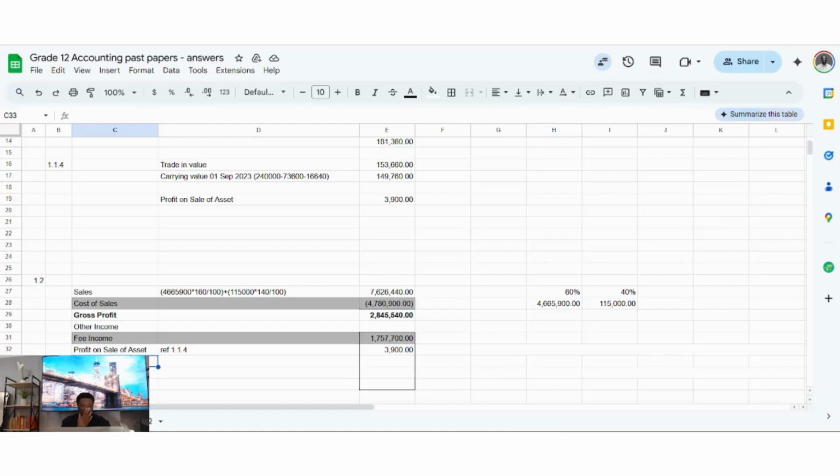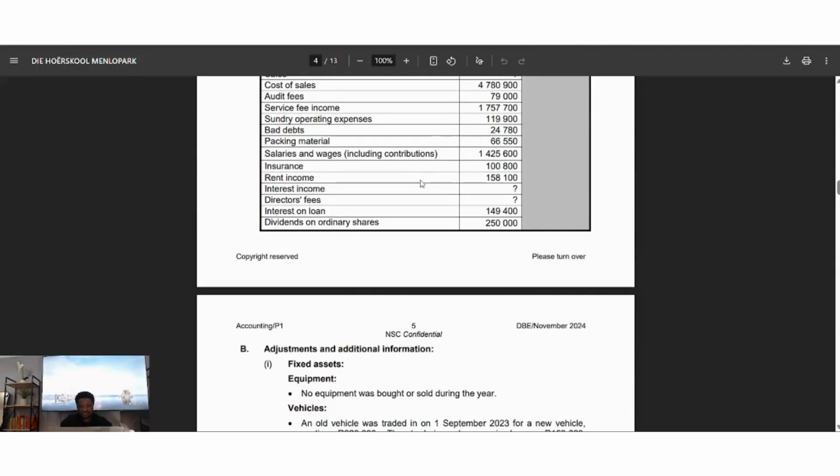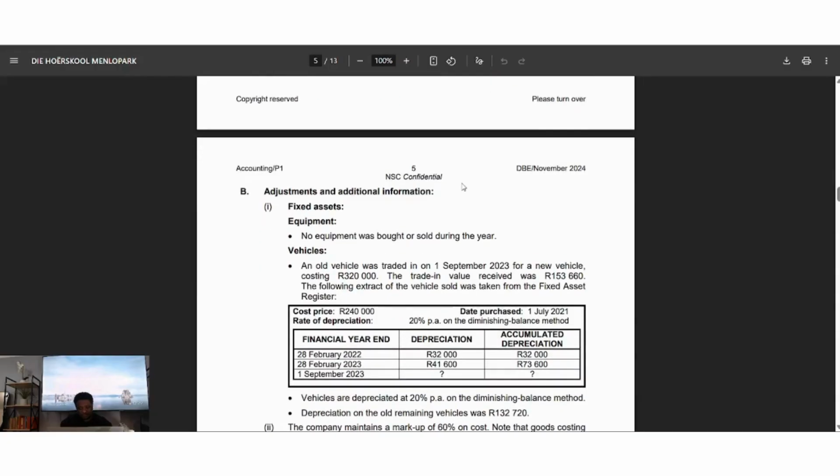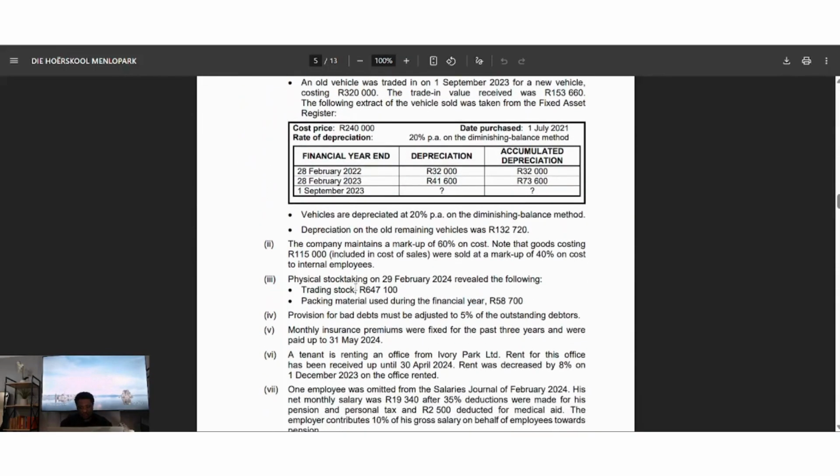And then we'll move on to calculate the rental income. Okay, so with the rental income, let's say some of the information given first. Rent income, we're given 158,100. And then let's find the information relating to rent income.